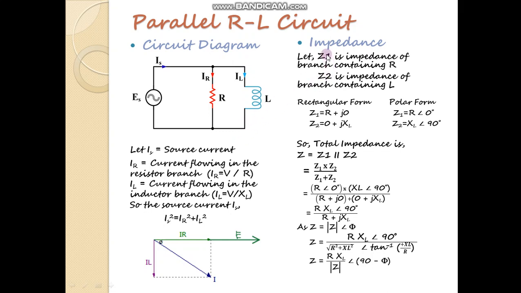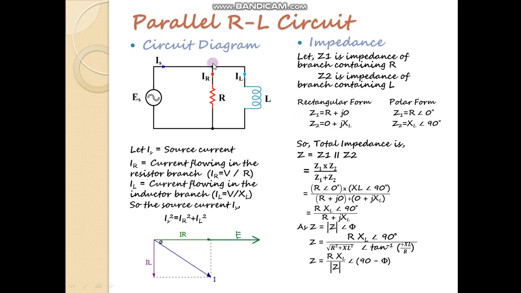Now we have to find these two impedances in rectangular as well as polar form, because as these two impedances are connected in parallel, while finding the total impedance, that is Z1 into Z2 divided by Z1 plus Z2, for multiplication we need these two impedances in polar form, and while doing the addition we need them in rectangular form. So before that we will find these two impedances in rectangular as well as in polar form.